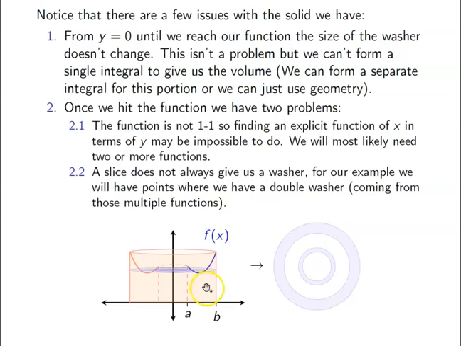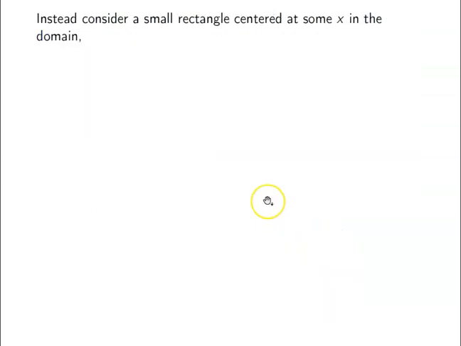I'd have one integral to get me to the bottom of the function, then two functions for integrals to get me to the top of this inside portion, and then another integral from that point to the top. That's very messy and could take a very long time. So what we would do instead is use cylindrical shells, because this can be a real pain.